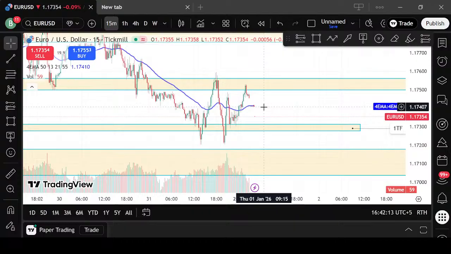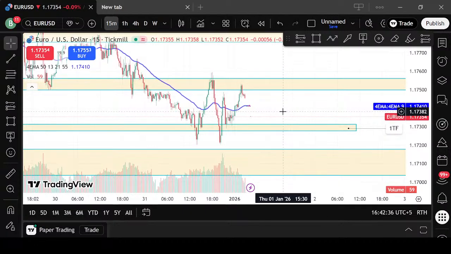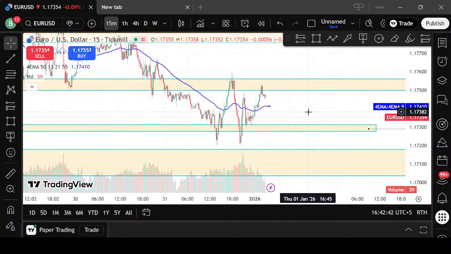It is stuck because it is London session, and we should try, I think, after 1 or 2 hours when London session and New York session will come together. Then we will see the liquidity here, and you have to keep in mind these levels.